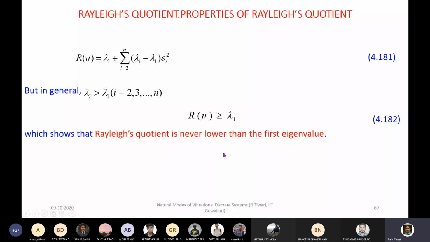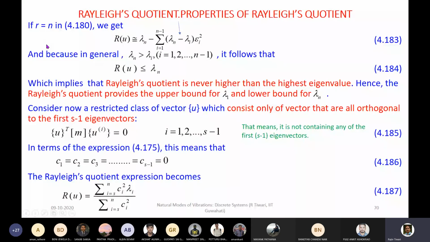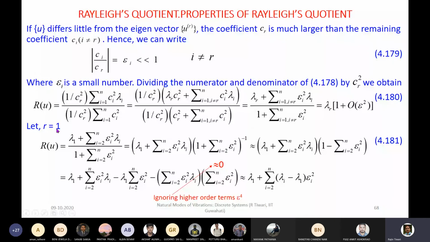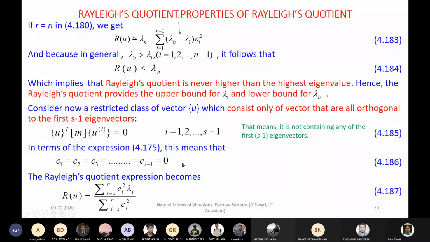Now, in the second case, we are choosing r is equal to n. Earlier we chose r is equal to 1, now I am choosing r is equal to n. So for that, n will be coming here, and then again the same process we can do. So I'll get lambda n minus lambda I. Earlier we had lambda I minus lambda 1, now here we have lambda n minus lambda I, the other way around, and here negative.